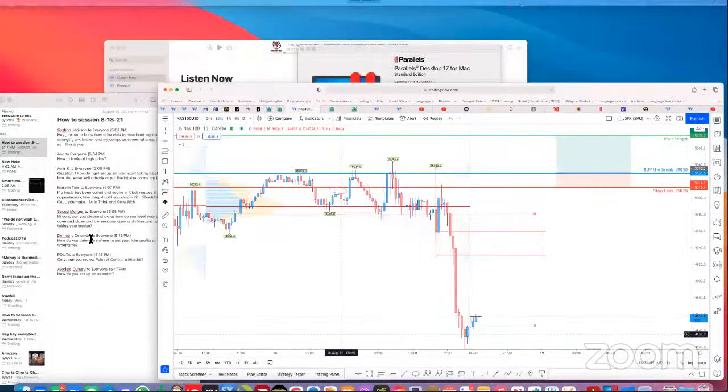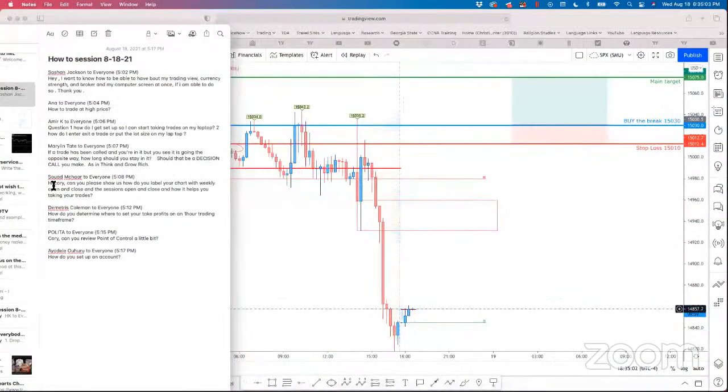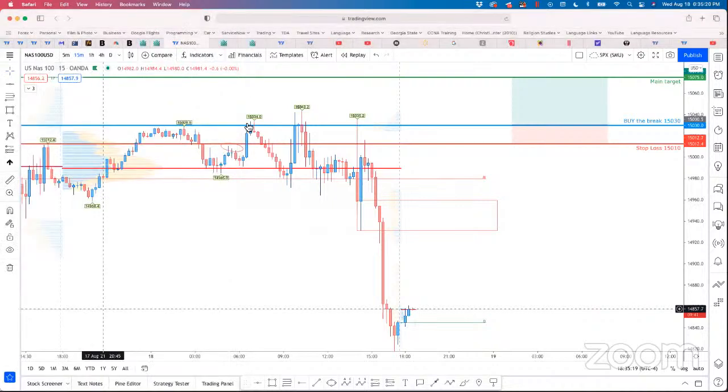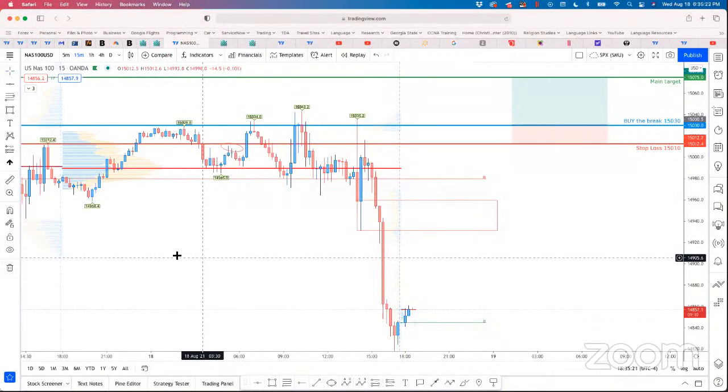And let's see. Someone asked, can you please show us how to label the chart with weekly open and close and session open and close and how it helps you trade? Okay. Today was a real good example. Let me get this indicator off of here.